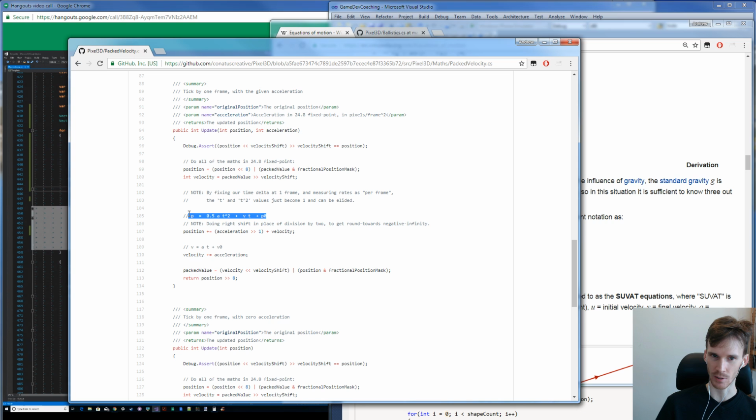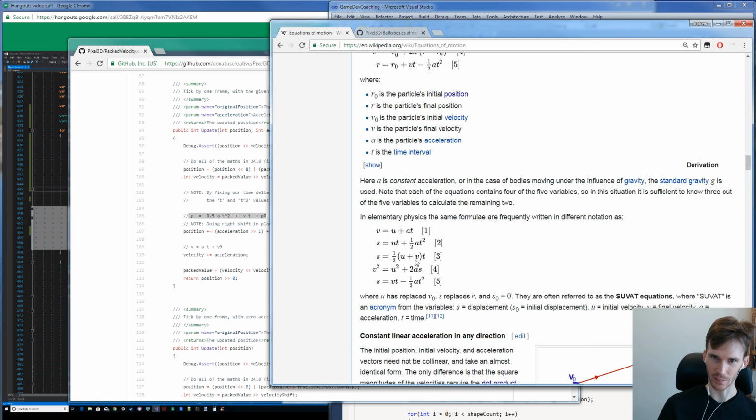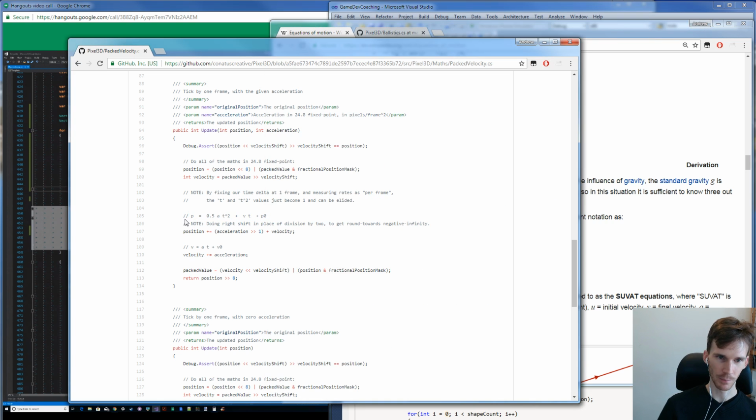I actually haven't used the standard notation there. But that's literally what we've just done here. You can see the comment there, as I was saying: if we make our delta time 1 frame, we can get rid of these t squareds, and so our new position is the old position plus half the acceleration plus the velocity.